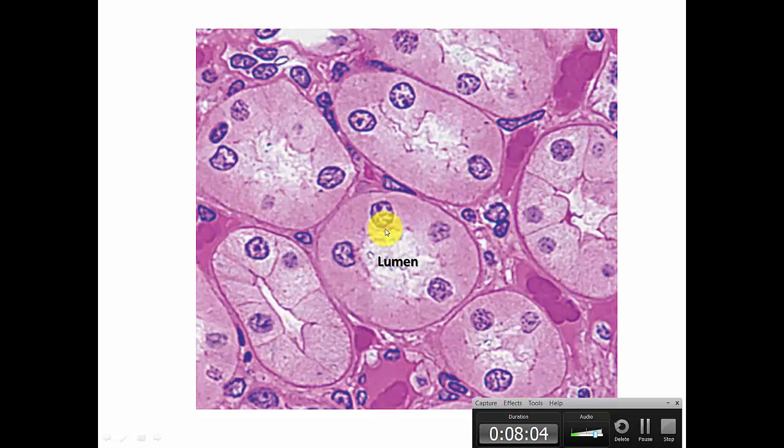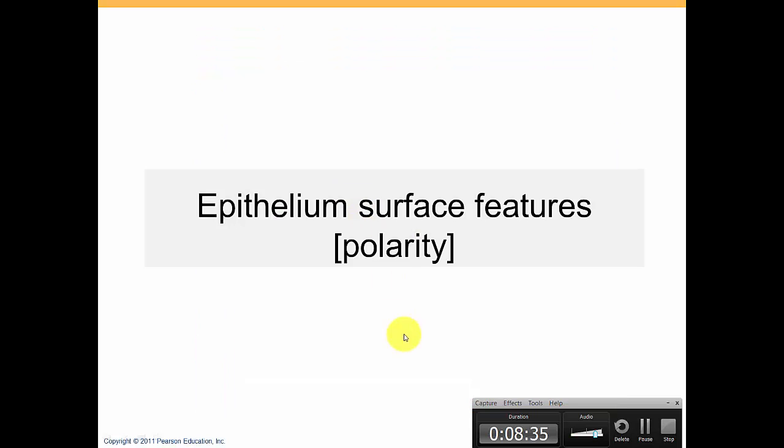On the other side, this is still my apical surface, and this is my basal surface, even though it's upside down, because the apical surface is the surface that is closer to the lumen. And all the apical surfaces are going to have the same specialized characteristics, like the microvilli, for example, and all basal surfaces will also have the basement membrane, which is specific for the basal surface.